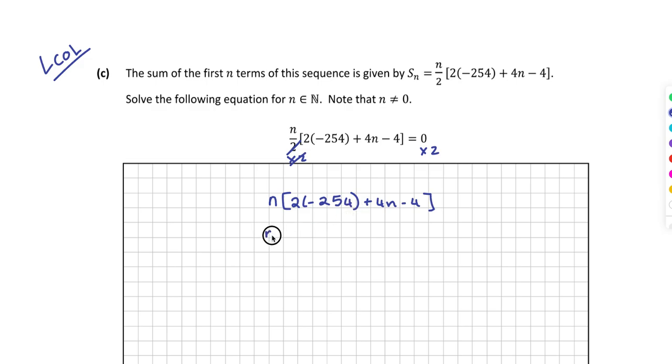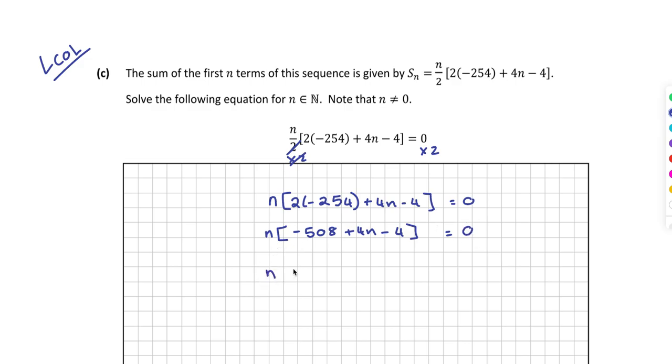Now I'm going to tidy up inside the bracket as much as I can. So 2 multiplied by minus 254, what am I getting there? I'm getting minus 508 plus 4n minus 4, and it's all equal to 0.